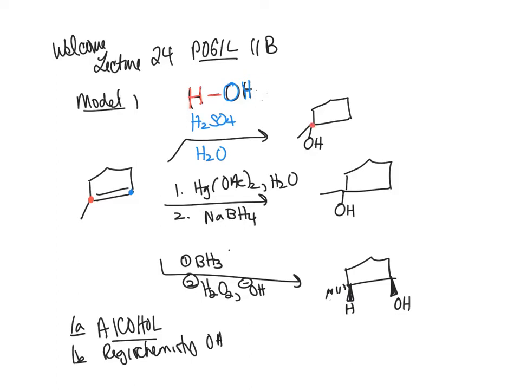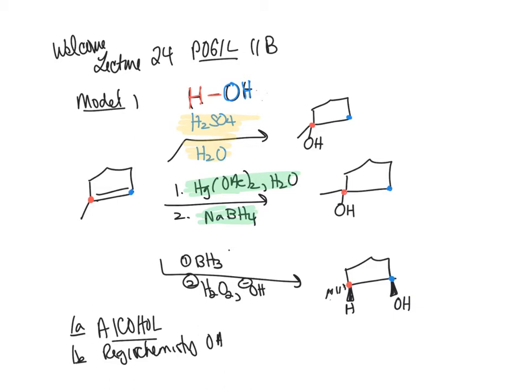The red carbon, we have the OH, and that means the blue carbon got a hydrogen. Okay, so did you write sulfuric acid and water, and mercury acetate, water, sodium borohydride?